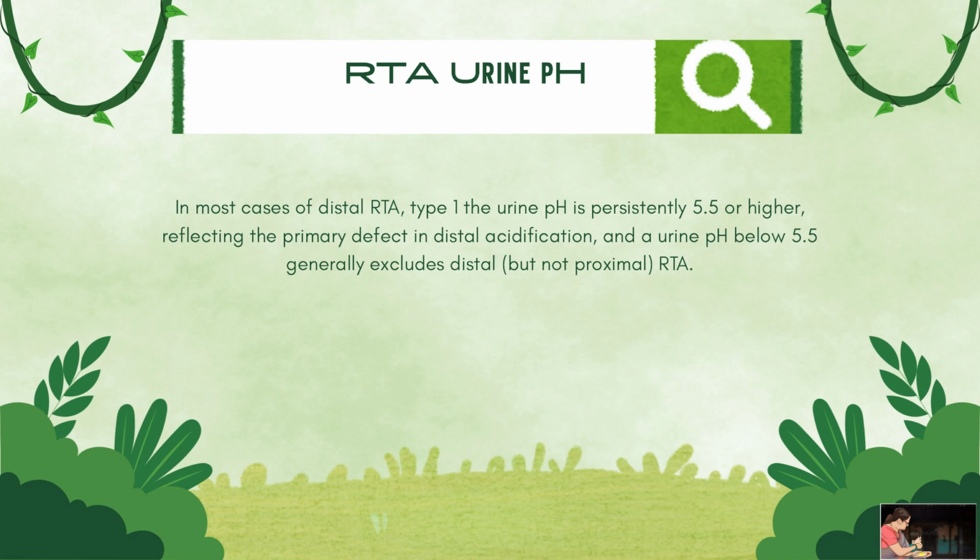There is a defect in hydrogen ion secretion. Thus, the urine pH is on the higher side. So, we could go to the extent of saying that if you do have a urine pH that's less than 5.5, that excludes distal type 1 RTA.